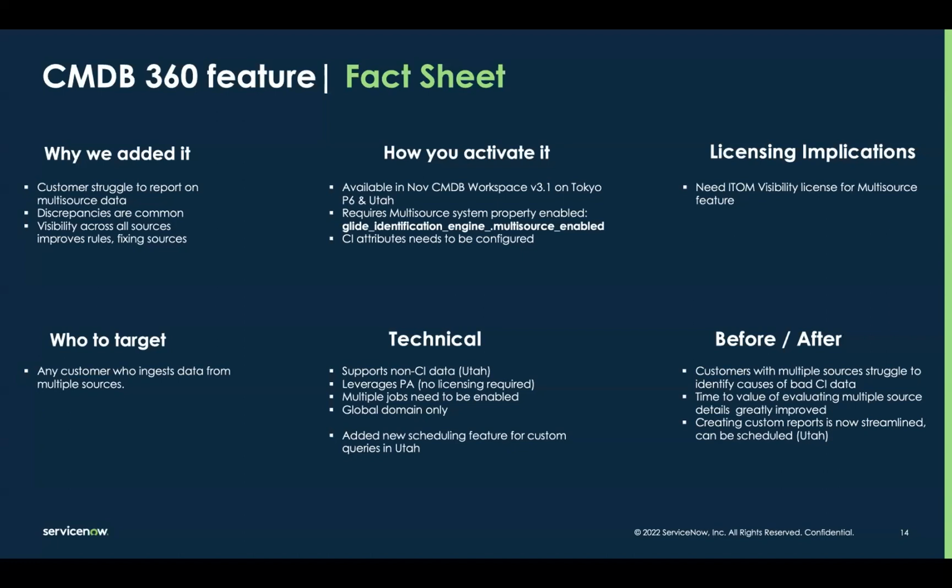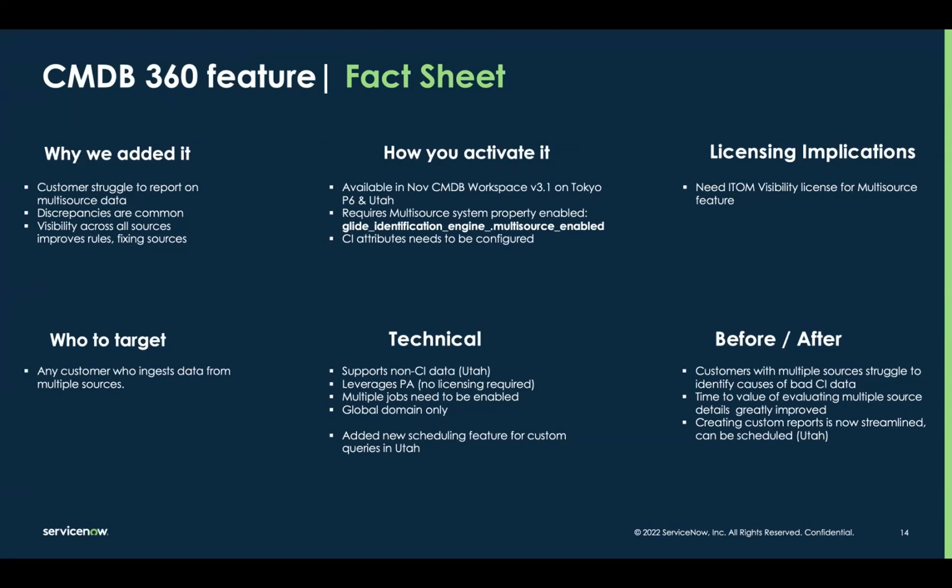From a technical point of view, we also wanted to point out that non-CI data is supported as of Utah, with the IRE for all and the expansion of the IH-ETL processes to non-CI data. It leverages PA, and there are no license requirements, because everything is out of the box, these reports that are used.